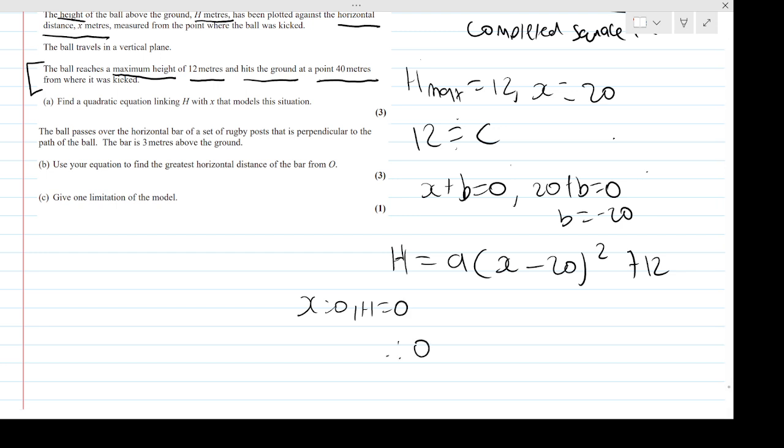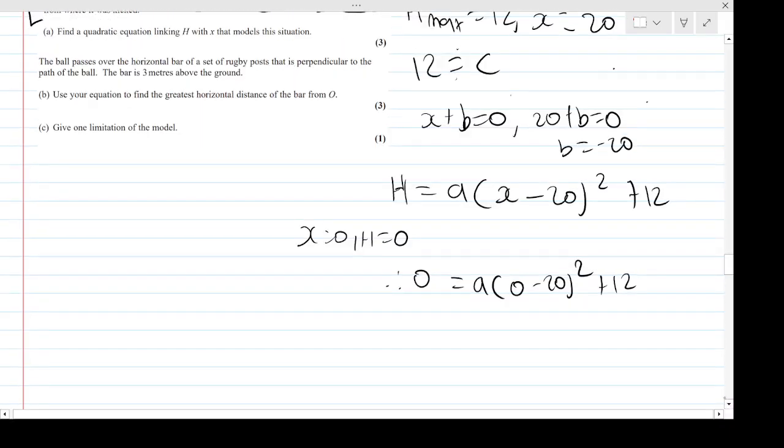If we substitute that in, 0 is going to be a lots of 0 minus 20 squared, plus 12. Well, that's an equation for a, if I can work out the square number. Minus 20 all squared is going to be 400. So 0 is 400a add 12. Therefore, a is going to be minus 12 over 400. If I move the 12 to the other side, then divide by 400, that gets me minus 3 over 100.